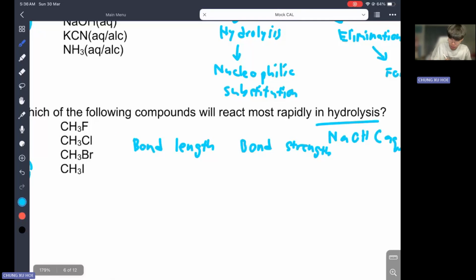So the longer the bond length, the lower the bond strength. When the bond strength is lower, the reactivity is higher. Agree? Because it's easier to break.